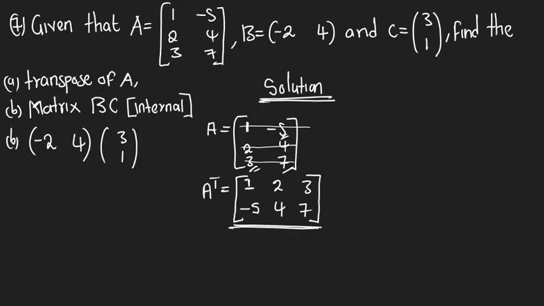So, order it's always row by column. So, this is going to be first row, 1, 2 columns. So, for this matrix, it's going to be 1 by 2. This one, the first one, right?